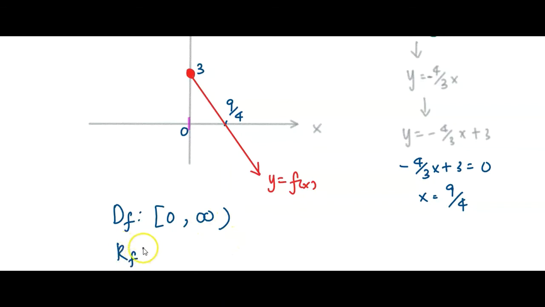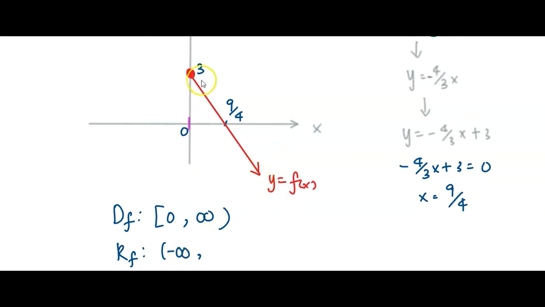And for the range, I will find the lowest point of the graph. The lowest point is this point. And again, I see the arrowhead here, meaning that the range will start from negative infinity. We are actually seeking the y value for this point. So the y value for this point is negative infinity because the arrow shows that it's going down non-stop.